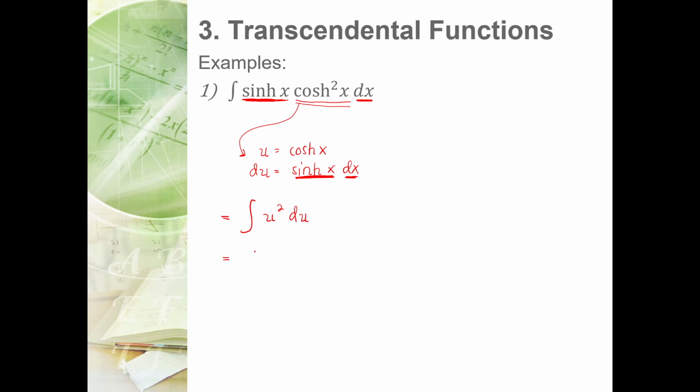Automatically this becomes u cubed over 3 plus c. So the final answer is hyperbolic cosine cubed x all over 3 plus c. Okay, so this is the final answer.